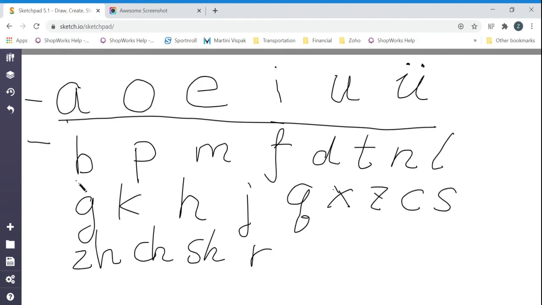These are the initials: b, p, m, f, d, t, n, l, g, k, h, j, q, x, z, c, s, zh, ch, sh, r.